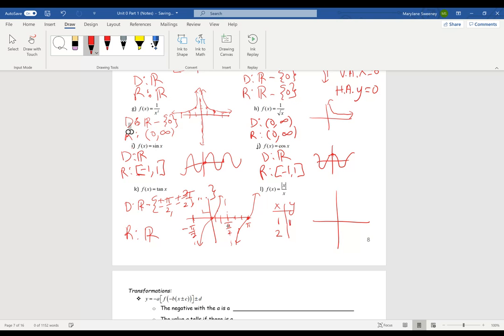What if you put 2 in? This would be 2 over 2, which is 1. What if you put 3 in? 3 over 3, which is 1. So anything positive, you're going to be up at 1, except at 0, right? x can't be 0.